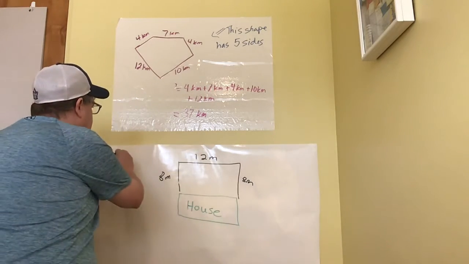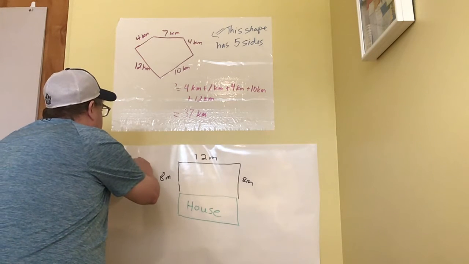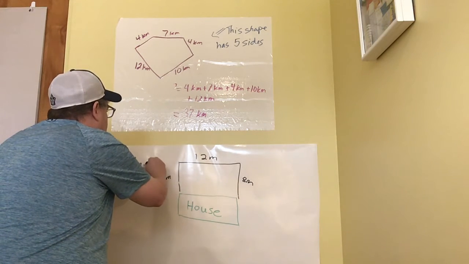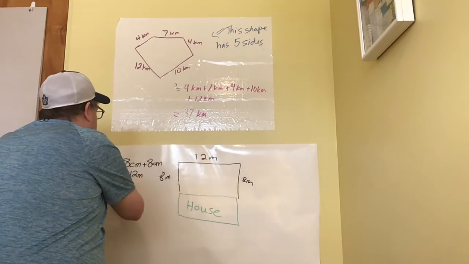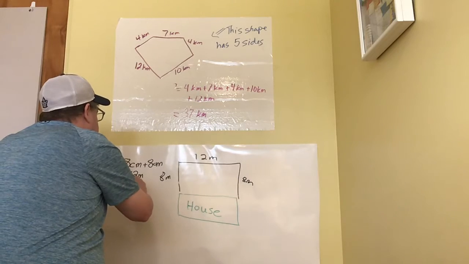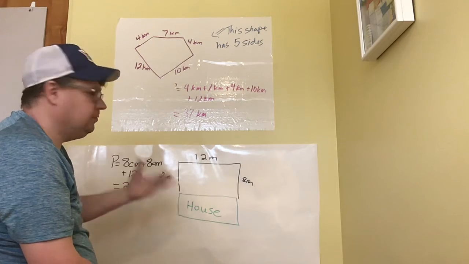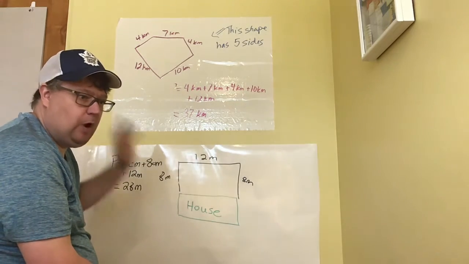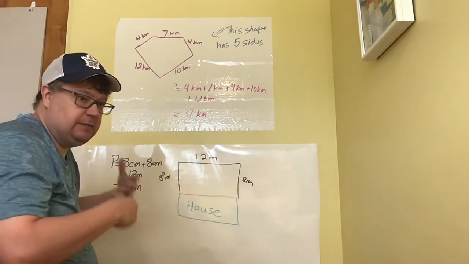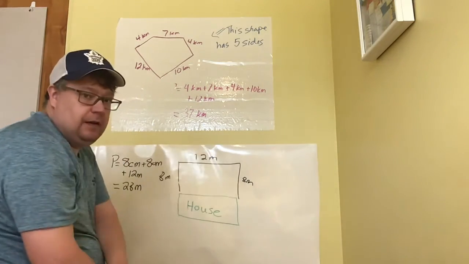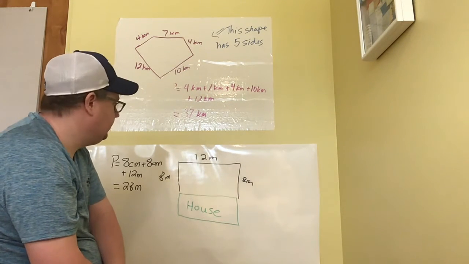So our perimeter gives me 28 meters. So I could go to Home Depot, Lowe's, Rona, Co-op Hardware, and say I need 28 meters of material for creating a fence. That's a very practical use for perimeter.